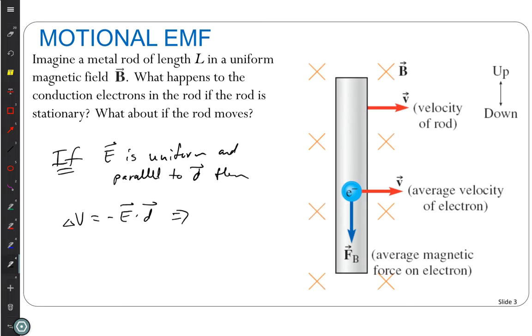In this case, we just calculate this result. The voltage difference is the electric field dotted with the distance. Since they're parallel, it's electric field times the distance. So you calculate the electric field unless you get the distance. So that's going to set up a voltage difference.